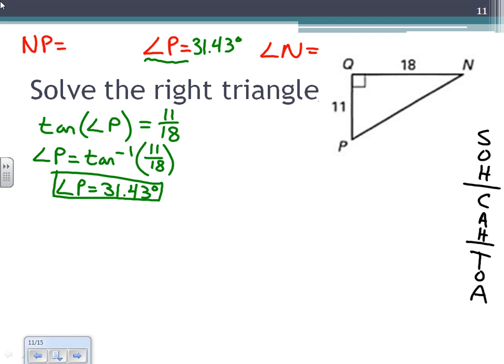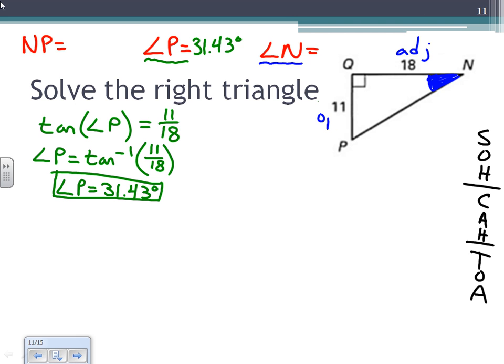Now we're going to look for angle N. And I'm going to do it in blue. Okay? So now, last time we had P highlighted. Now I'm going to highlight which angle? N. Henry, label the sides. Adjacent, good.